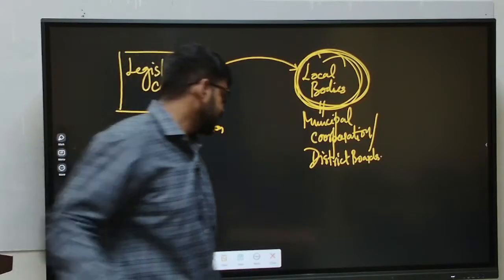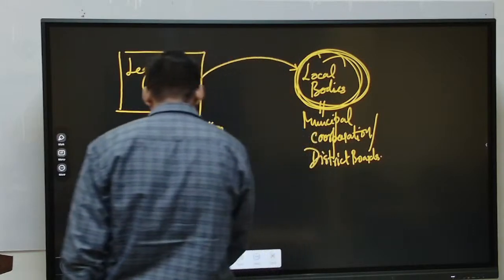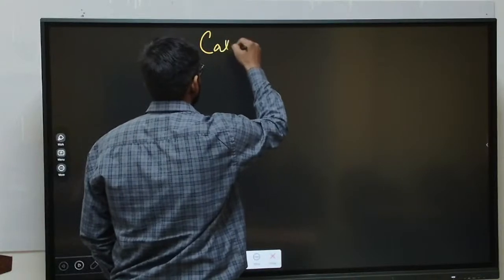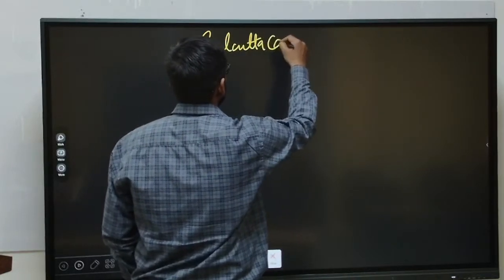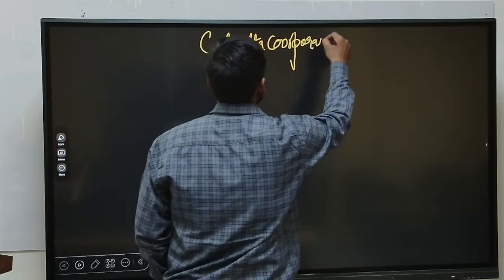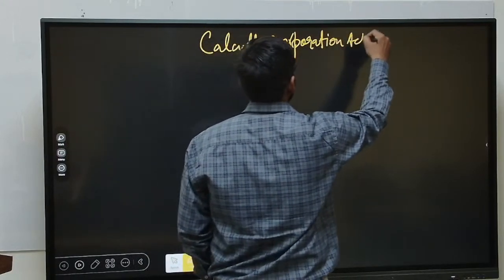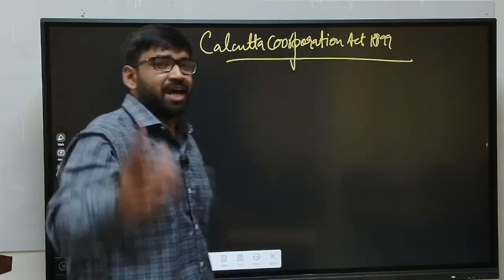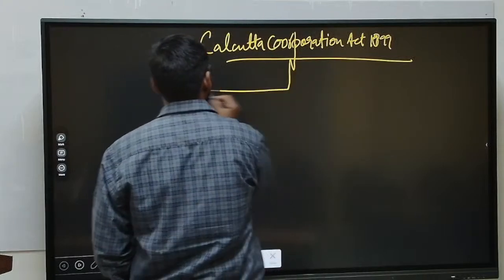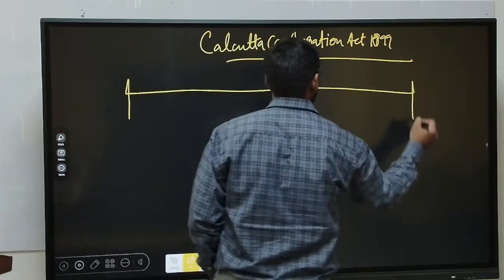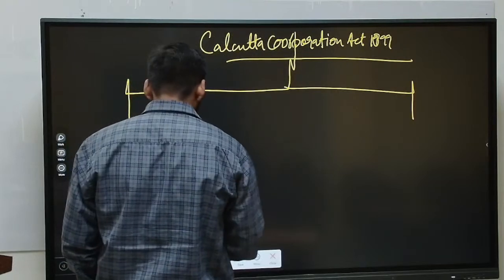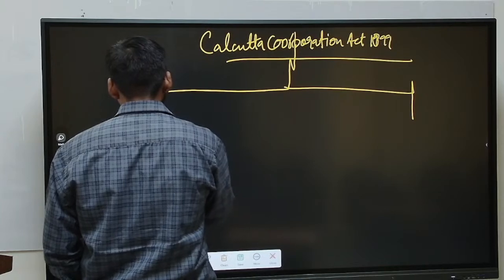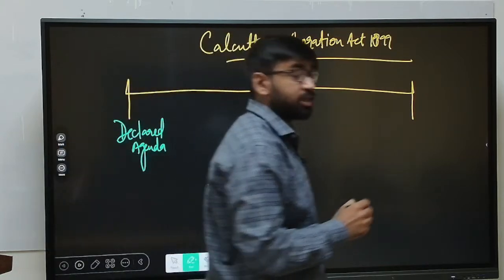So what did he do? Calcutta Corporation Act, 1899. Now, this act had two agendas. One was a declared agenda, another was a hidden agenda.